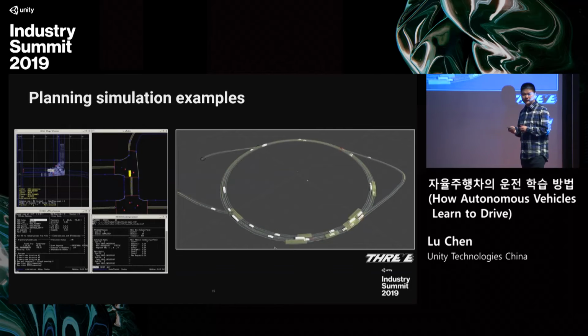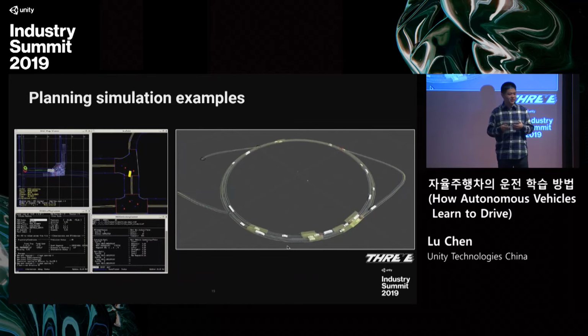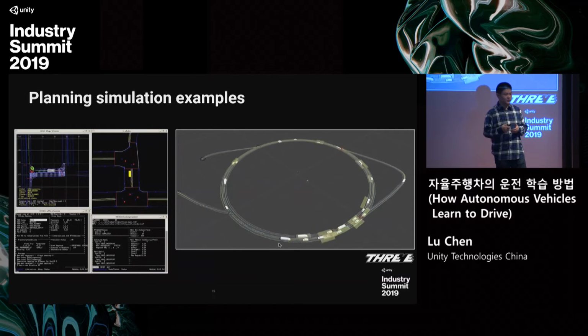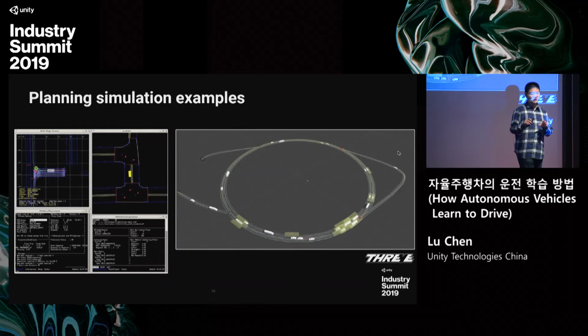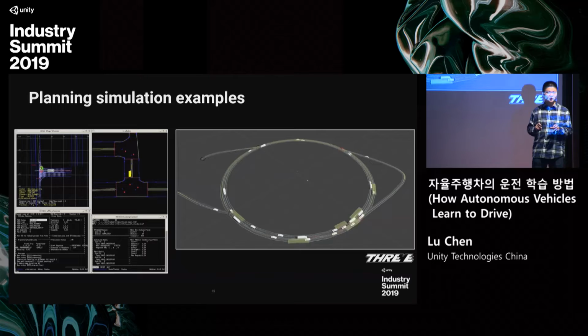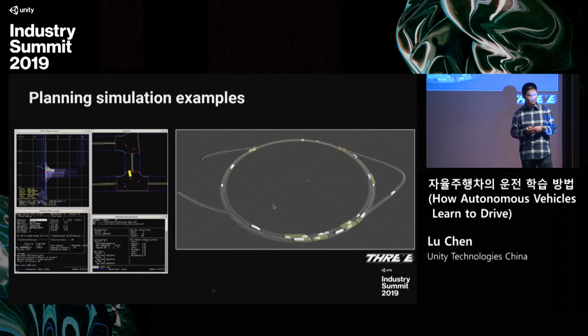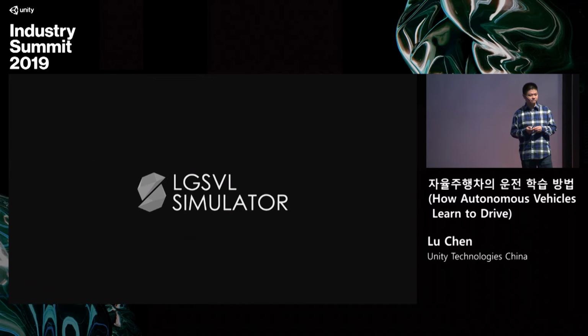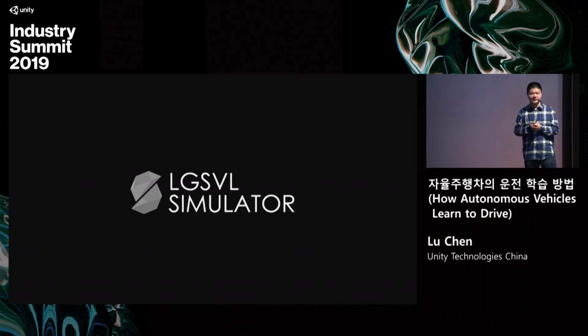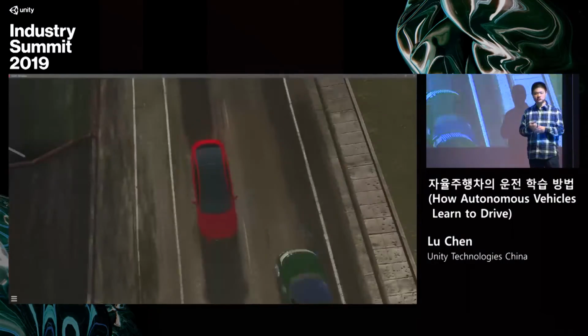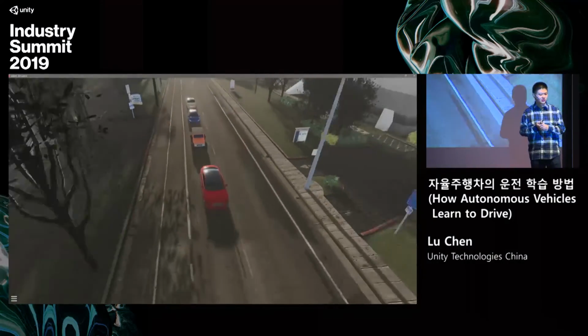And here is an example of a company using Unity to do planning simulation. They use Unity to create a very dynamic traffic situation to test their planning system. Here is LG's simulator, which I demoed in the morning for the opening note.